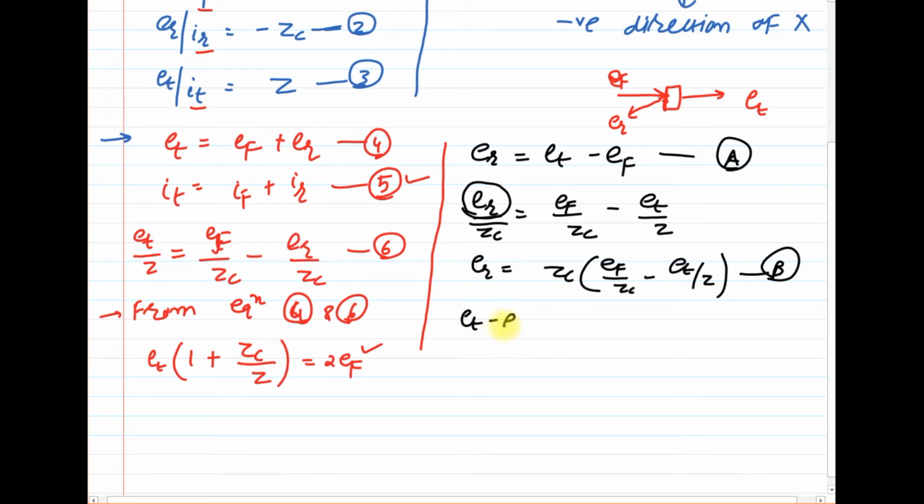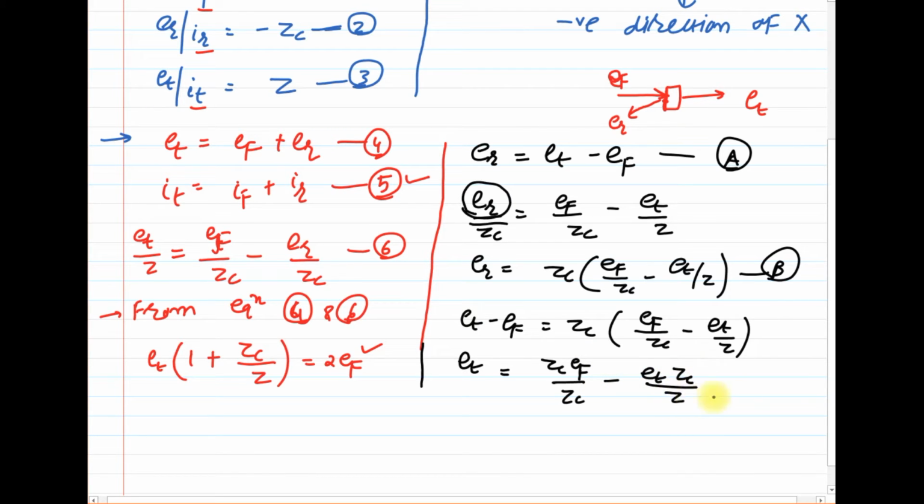So we can write ET minus EF is equal to ZC into EF by ZC minus ET by Z. Clear? So now write down the equation for ET. We will get ET is equal to ZC EF by ZC, just follow the process, minus ET ZC by Z plus EF. Clear?